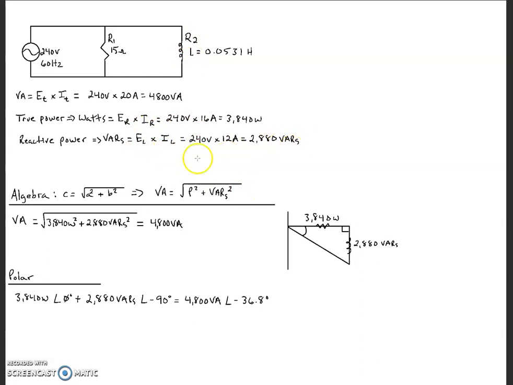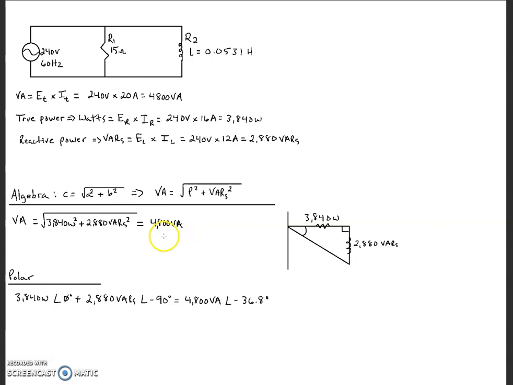And if we express this in the formula here, the total volt amps, 4800, we can do ET times IT. But using the formula, volt amps equals the square root of P squared plus VARs squared. So we got 3840 watts right here, 2880 VARs right there.